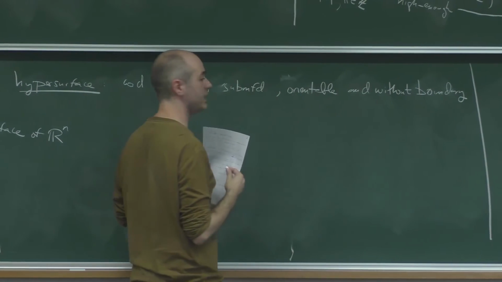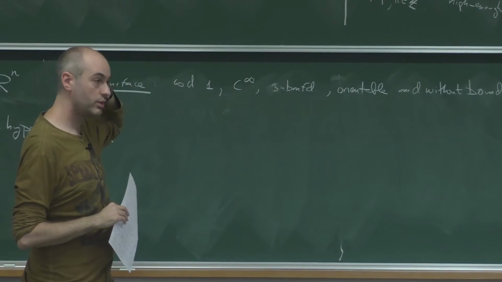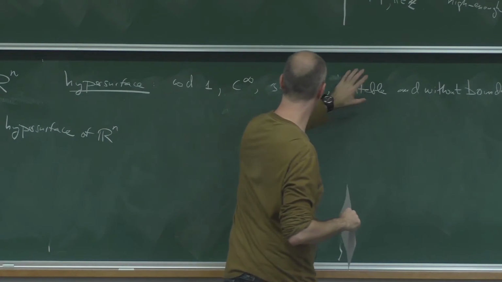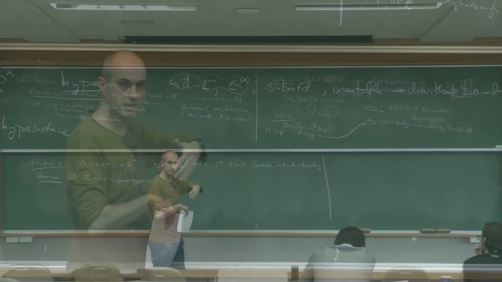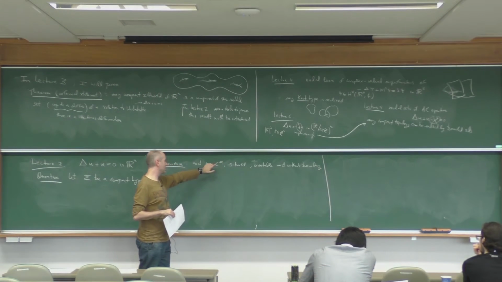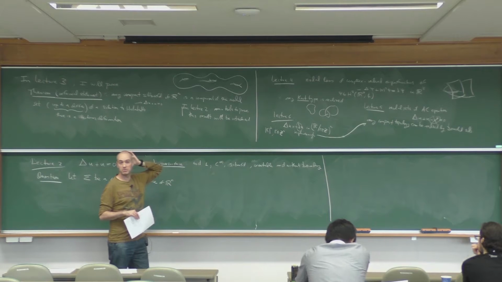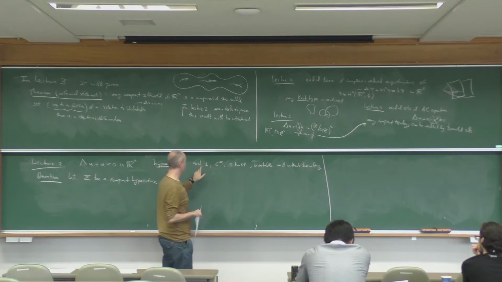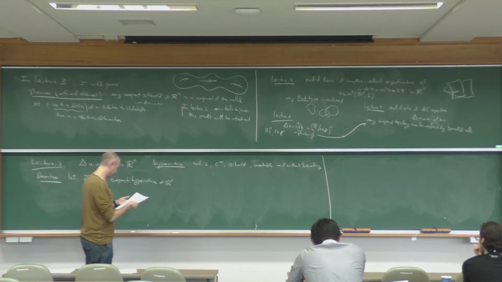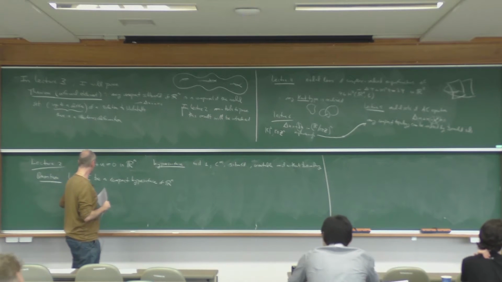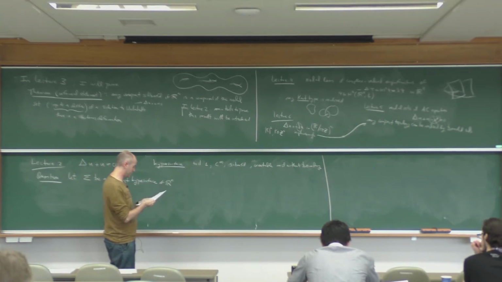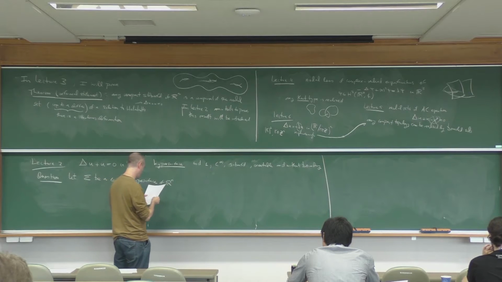So no boundary, orientability, submanifold, so it's embedded, and smooth enough, or actually it will be analytic in general, and codimension 1. Okay, so we have a sigma of this type, which is compact.